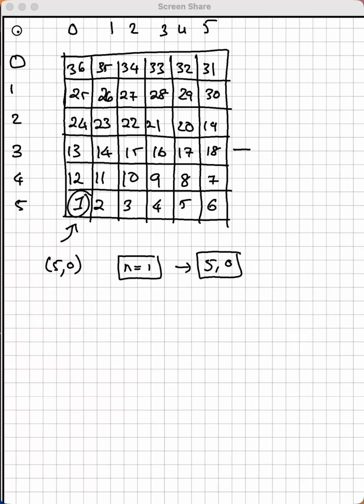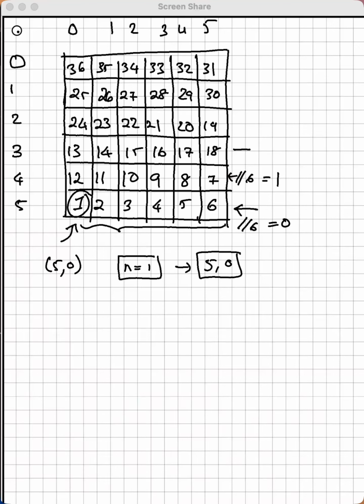The way you can do that is, you know that every row has 6 elements. If you divide any of these numbers by 6, you should get 0 for this row, and if you divide by 6, you should get 1 for the next row.